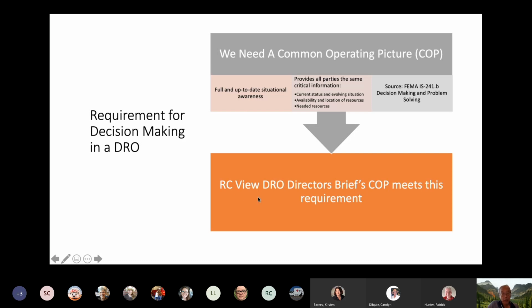This is brought together in one source, called the RCView DRO Director's Brief, in which the common operating picture will meet this requirement, and that's what we'll be working with today, the DRO Director's Brief for decision making.